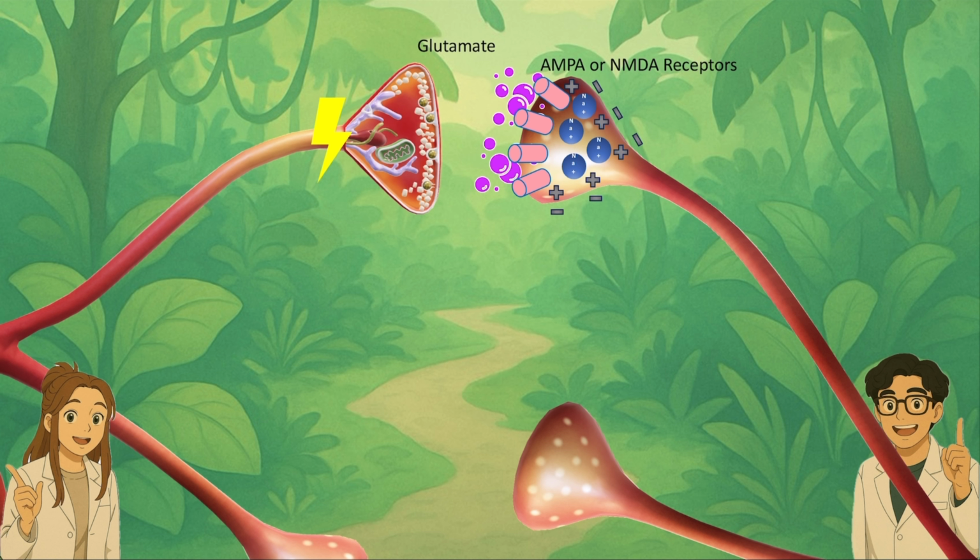Because sodium is positively charged, this makes the inside less negative, a process called depolarization. This creates an excitatory postsynaptic potential, or EPSP. If enough EPSPs add up at the axon hillock, the neuron reaches threshold and fires a new action potential.